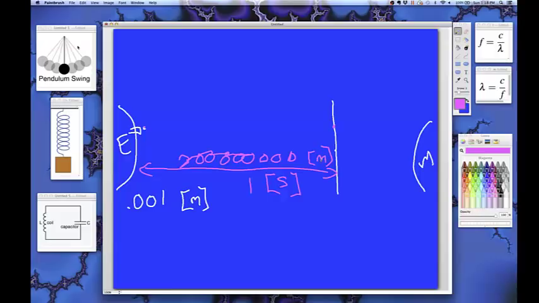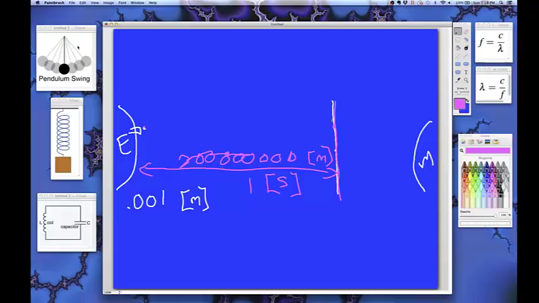And that's about all we know. So after 1 second, the emitted light was absorbed by the detector. After 1 second, it reached the detector, which is here, and got absorbed by the detector, and it traveled 300 million meters. Okay, so what else do we know?